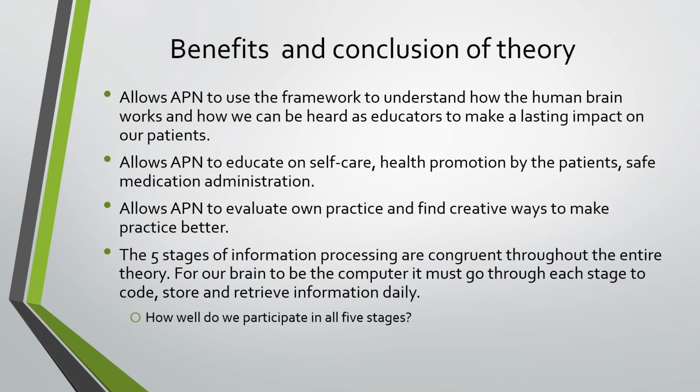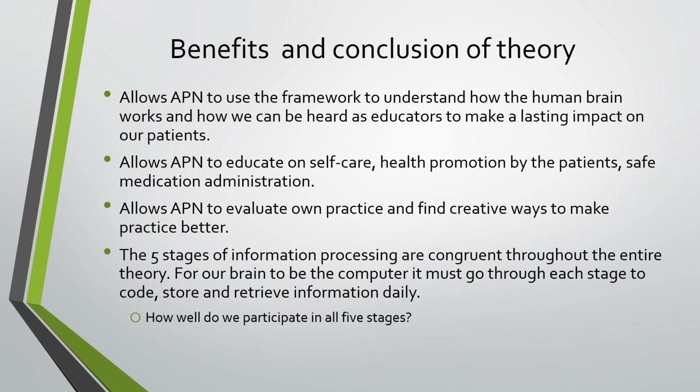Benefits and conclusion to theory. The information processing theory allows advanced practice nurses to use the framework to understand how the human brain works, how we can be heard as educators to make a lasting impact on our patients. The theory also allows advanced practice nurses to educate on self-care, health promotion by the patients, and self-medication administration.